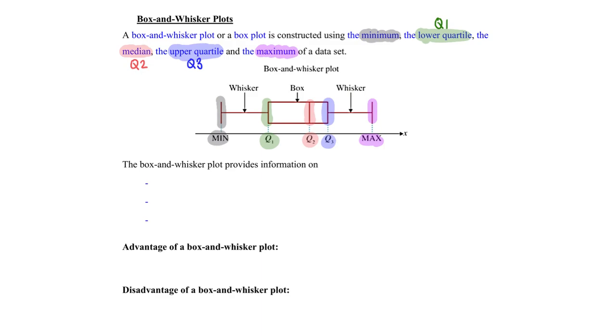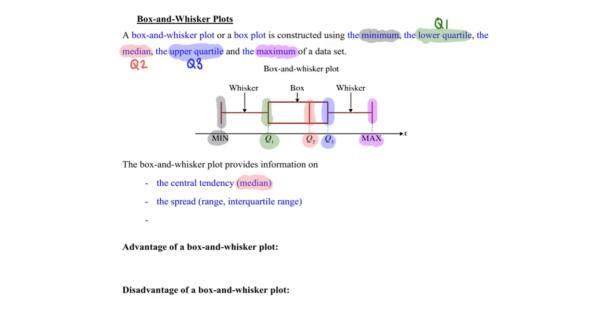So what does this particular plot provide? Well, as you can see, these 5 values. The median is actually the central tendency. The spread, from here we could actually find out the range and the interquartile range.